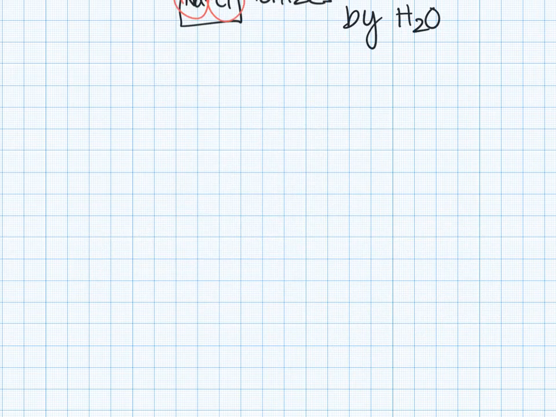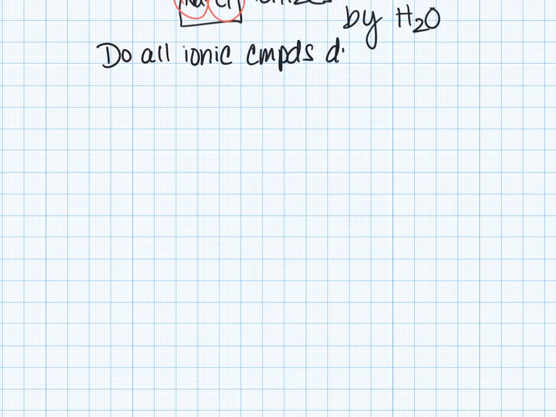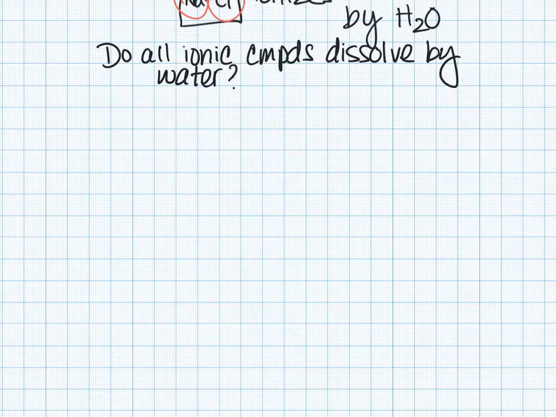So let's ask, what we focused on so far is just ionic compounds. So do all ionic compounds dissolve or become solvated by water? Because we know all ionic compounds are composed of what two things?